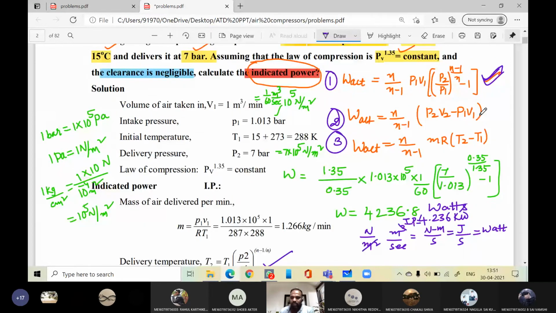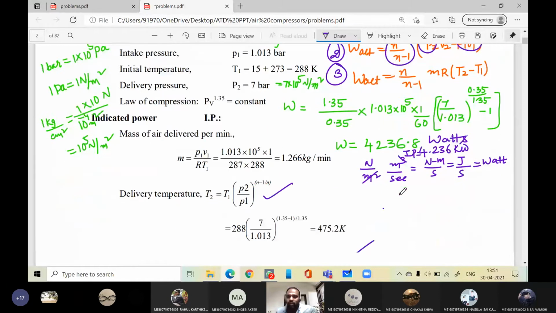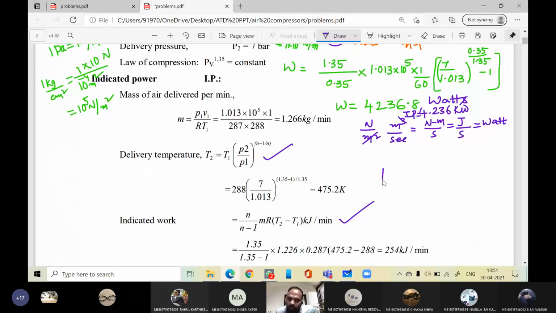Even you can see here, this formula can also be used. How to use it? What is unknown here in order to use this formula? The n value is known to you. P1, V1 is known to you. P2, V2 we don't know. Can anyone tell me how to calculate V2? We know that P1 V1 power 1.35 is equal to P2 V2 power 1.35, right? So V2 by V1 power 1.35 is equal to P1 by P2.